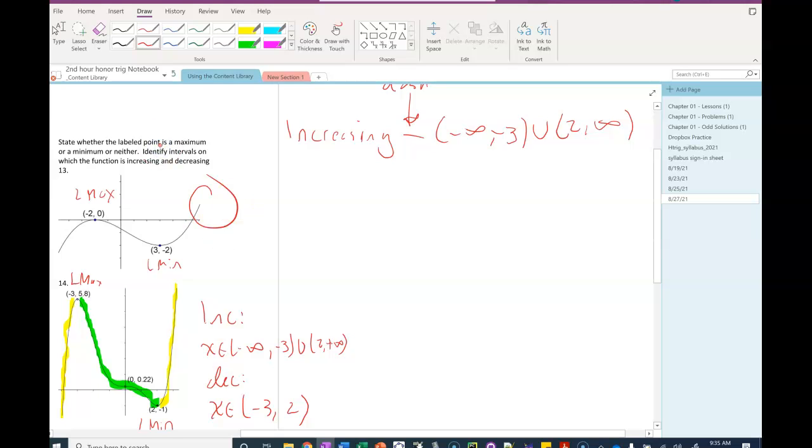Because the graph has an arrow pointing up, it can't have a global max. But if you had something like this, that's a global maximum. If the graph did this, then it's just local. You get it? Okay. Yeah, no problem.